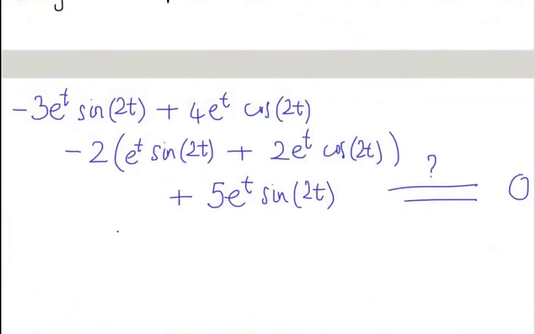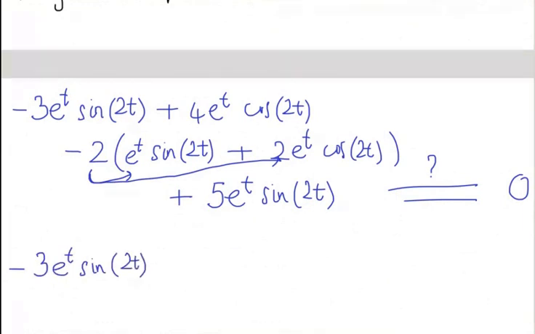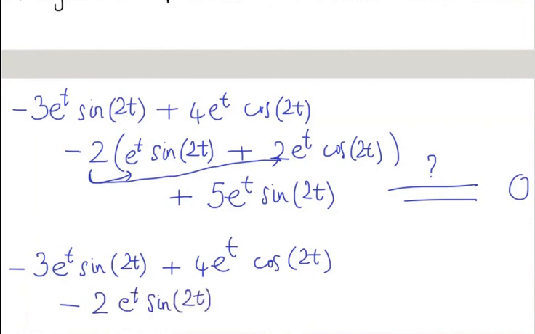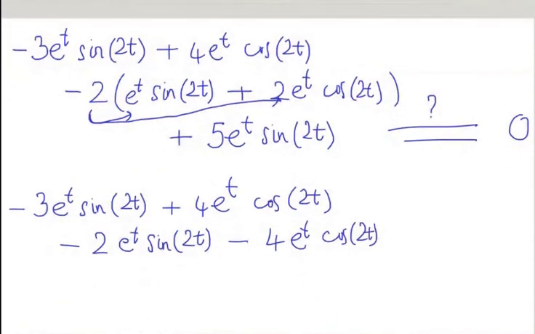And let's just do the algebra. Distribute minus 2 in and rewrite: minus 3 e to the t sine 2t plus 4 e to the t cosine 2t minus 2 e to the t sine 2t minus 4 e to the t cosine 2t, and lastly we have plus 5 times e to the t sine of 2t.